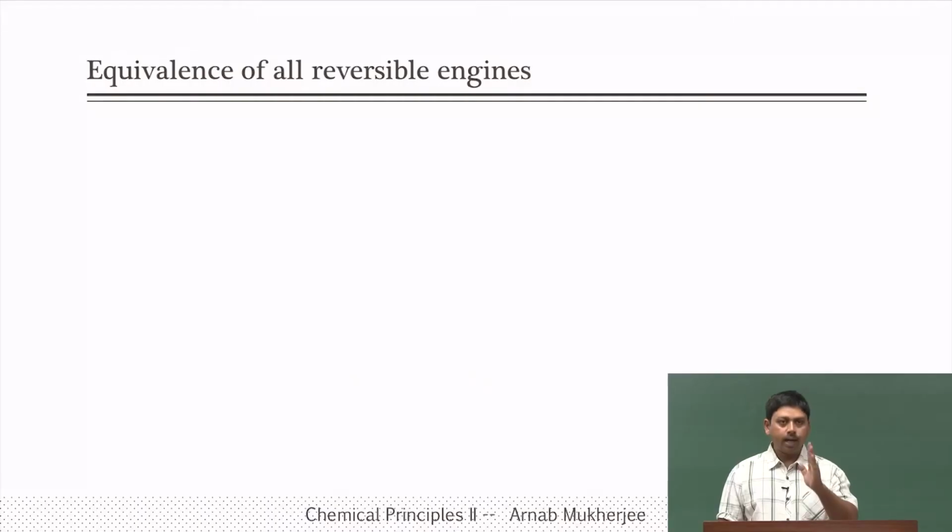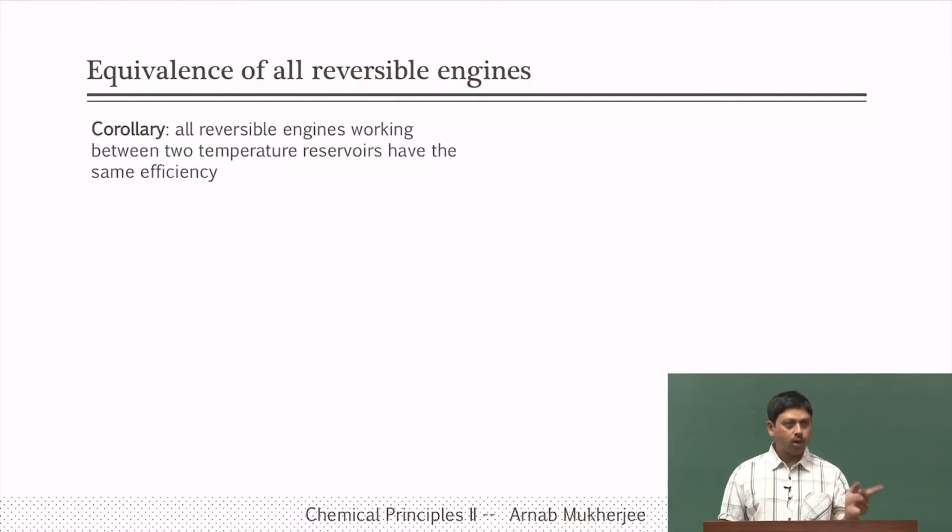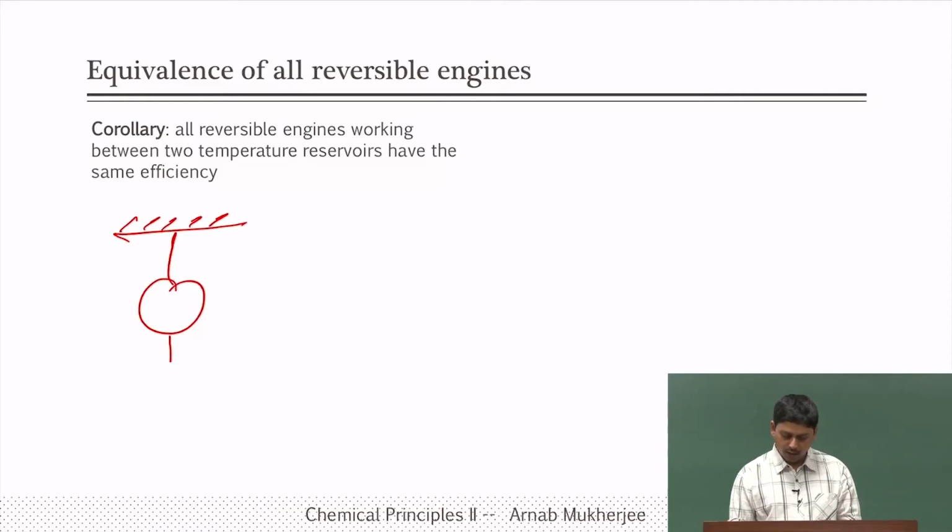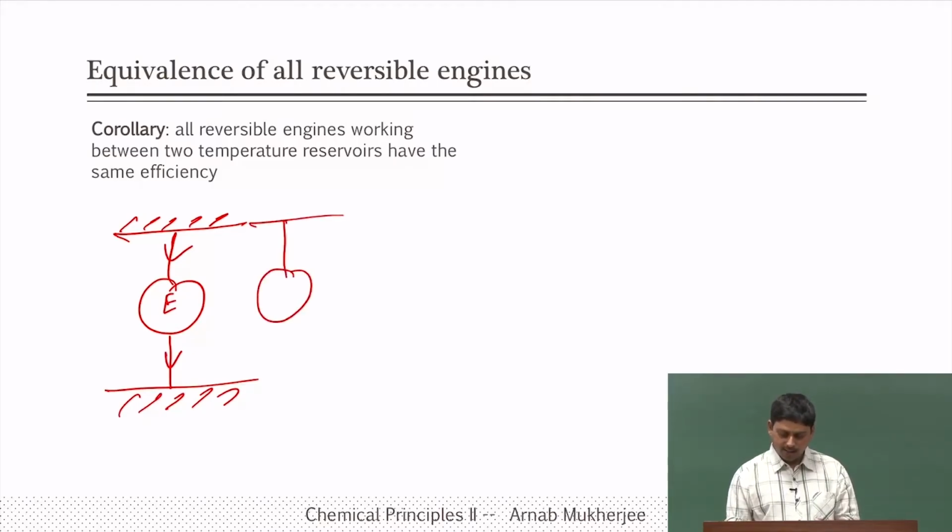Now, the question is, can one reversible engine be better than another reversible engine? A corollary to this earlier argument is that all reversible engines working between two temperature reservoirs have the same efficiency. How do we arrive at that? Remember our construction: we have a high temperature reservoir from which an engine was taking in heat and throwing away heat, and with that we added an engine in reverse which took heat from the low temperature and threw it into the high temperature.